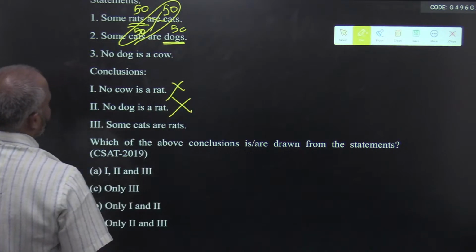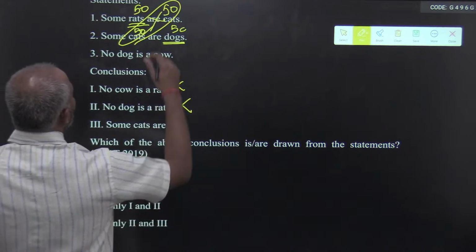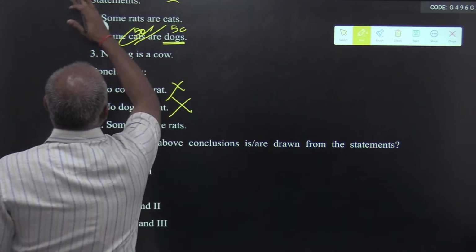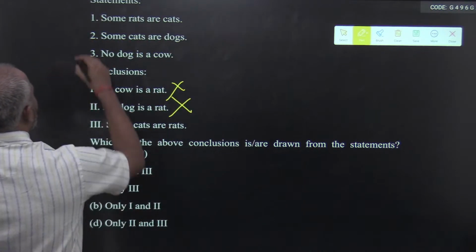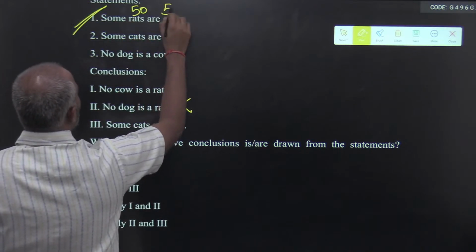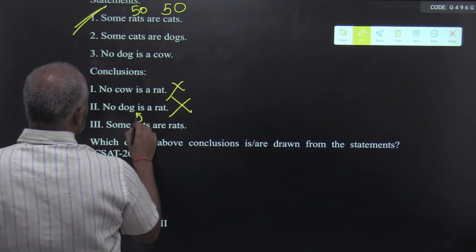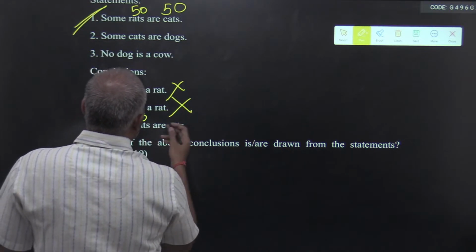So next, some cats are rats. So the relation is between cat and rat. In which statement are cat and rat related? It is in statement 1. So it is 50 and 50. Some cats are rats, so it is 50. For some it is 50, and this is a positive statement.